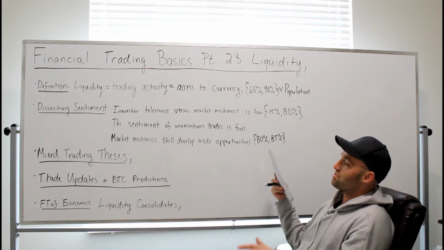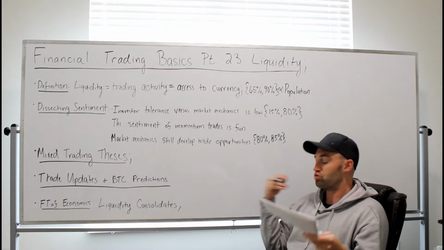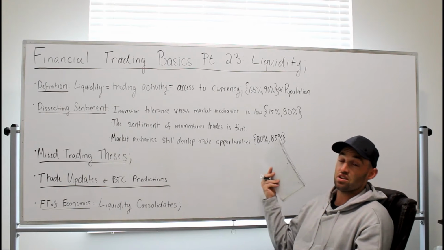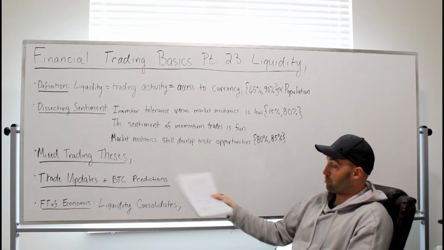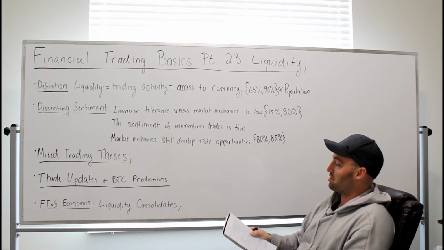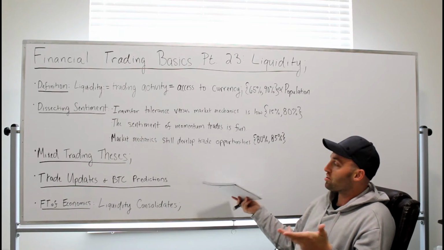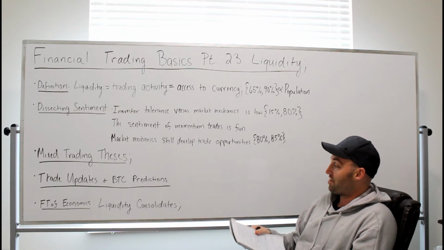The consolidation time frame of Bitcoin is tremendously less than currency. Like the 13% of money managers recommending Bitcoin versus, like I said, on the currency, how will that consolidate? I think we're at the tail end.